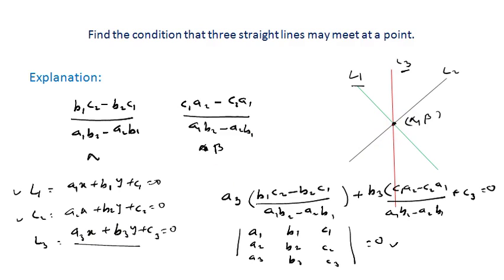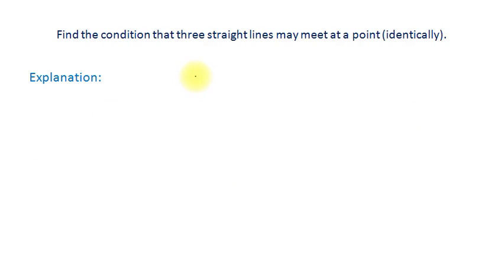Now if we move further, we find the condition that three straight lines may meet at a point identically. So here suppose we have three lines L1, L2, L3. Now in the previous slide we found the condition that L1, L2, L3 meet at a point if the determinant of a1 a2 a3, b1 b2 b3 and c1 c2 c3 is equal to 0.